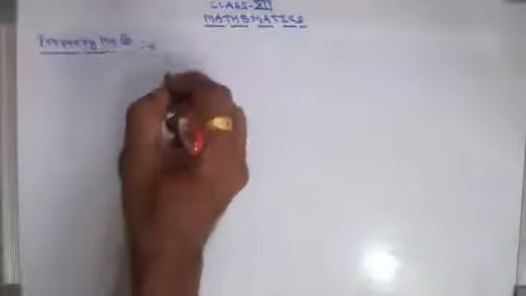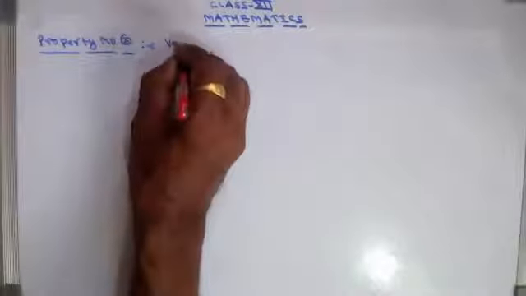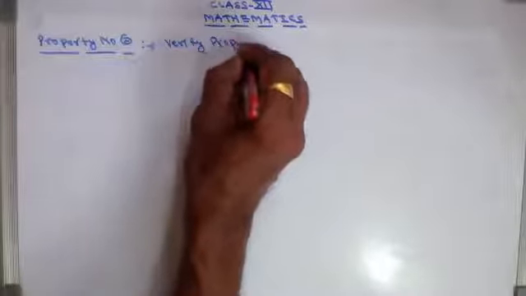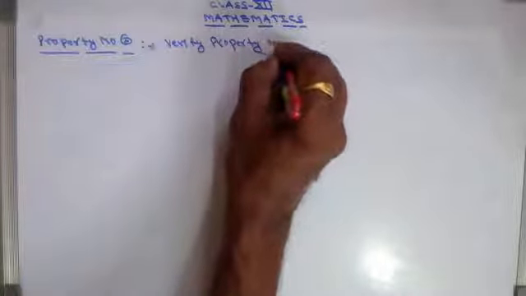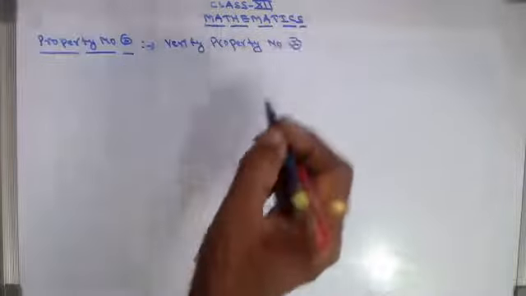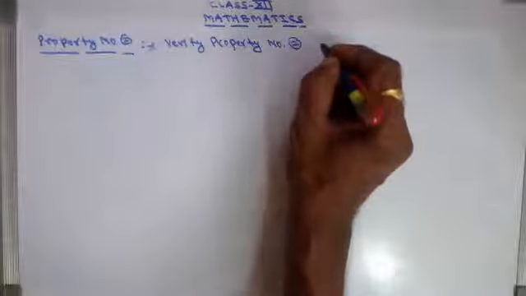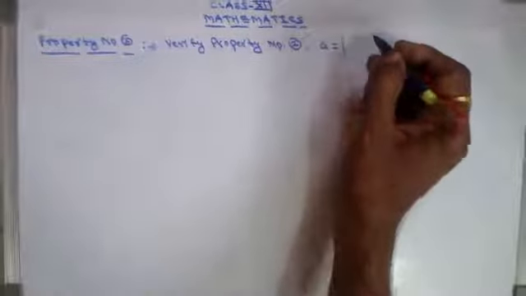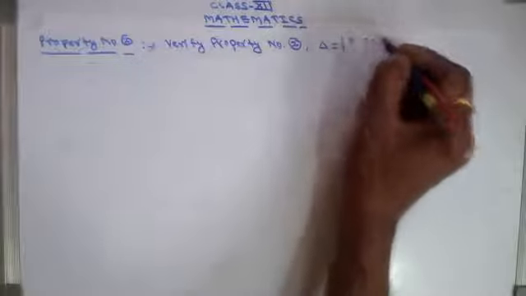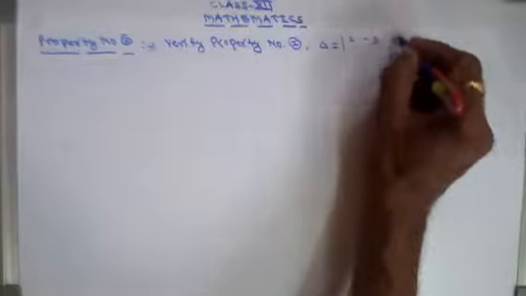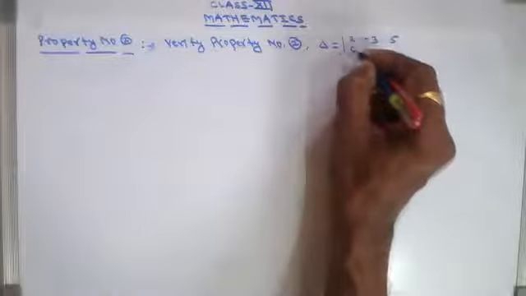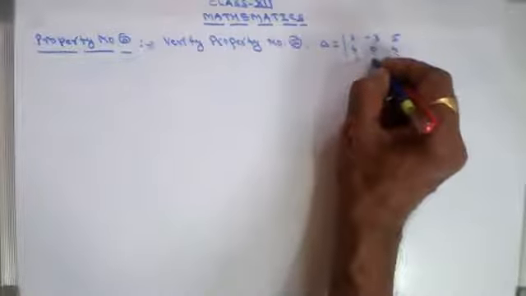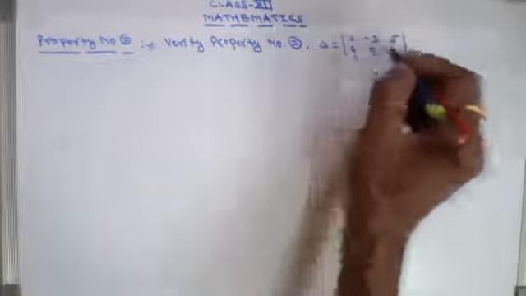Verify property number 2. Property number 2, for delta equals 2 minus 3 5, 6 0 4, and 1 5 minus 7.